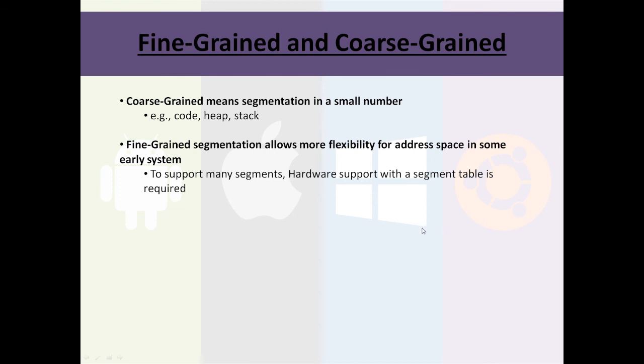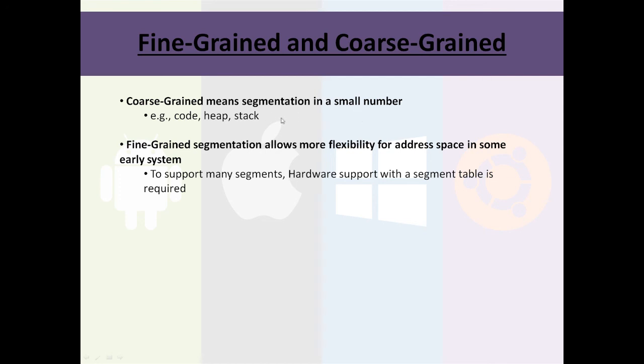Now, the last thing I want to talk about in terms of segmentation is that we looked at a coarse-grained approach to segmentation, where we only have segments for the code, heap, stack, etc., right? So a small number of segments.